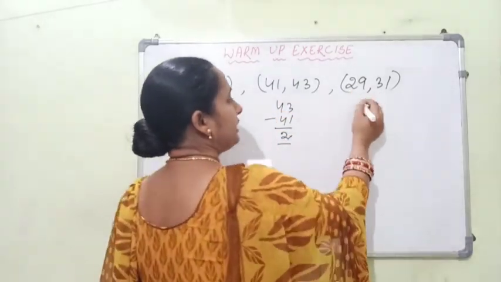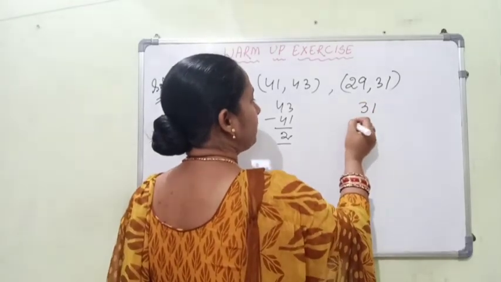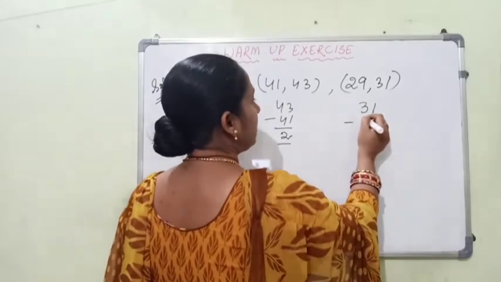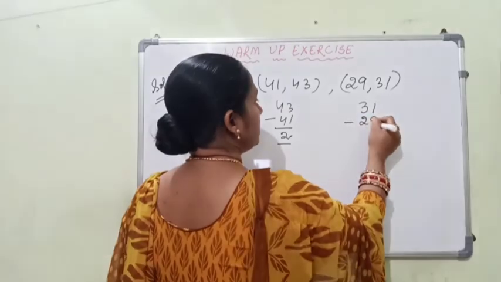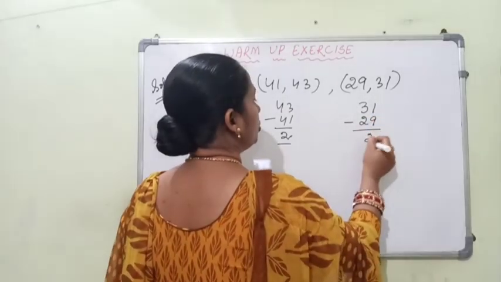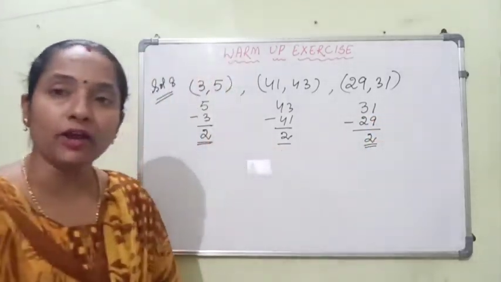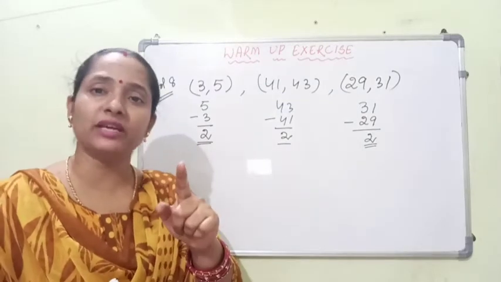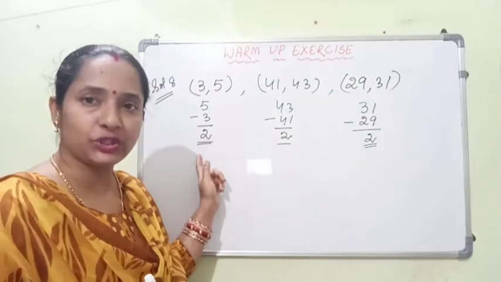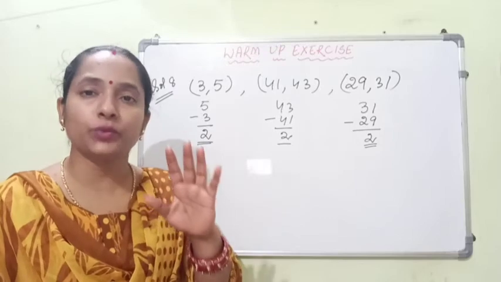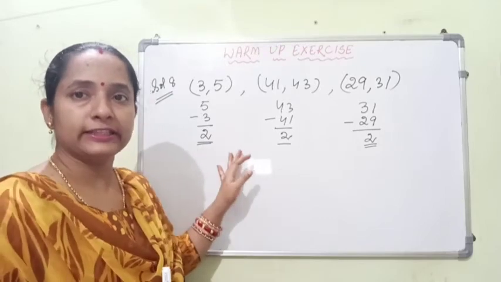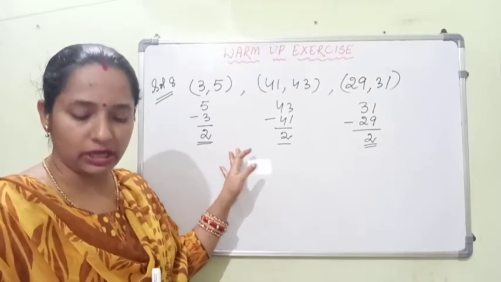Whereas 29 and 31 are also another twin prime pair, where 31 minus 29 is also 2. So the pair of prime numbers whose difference is 2 will be called twin prime numbers. So this is the solution for question number 8.